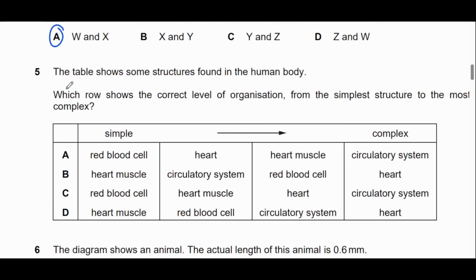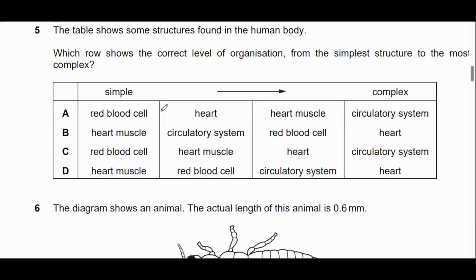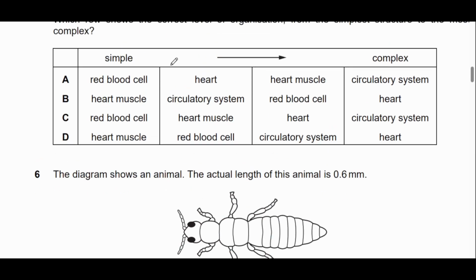Question 5. The table shows some structures found in the human body. Which row shows the correct level of organization from the simplest to the most complex? So, here they give you a few phrases or words. So, the smallest organization structure would be a cell, followed by tissue, followed by an organ, and lastly organ system.